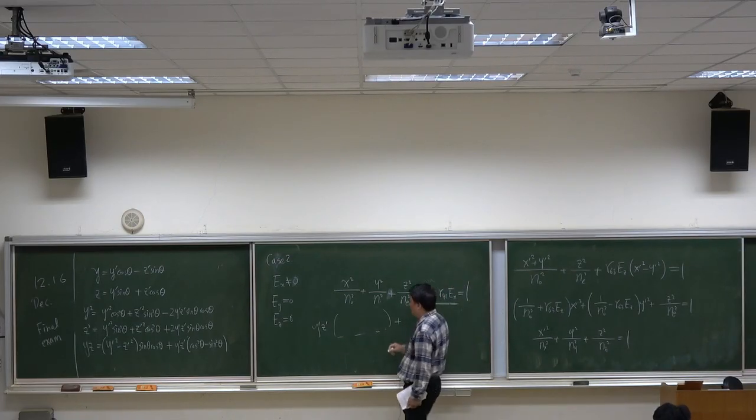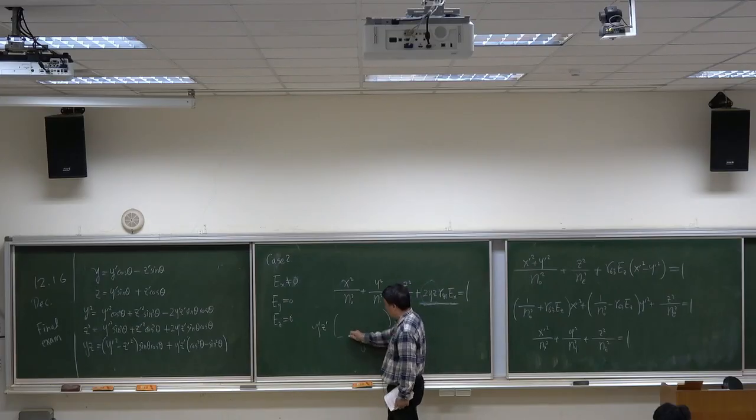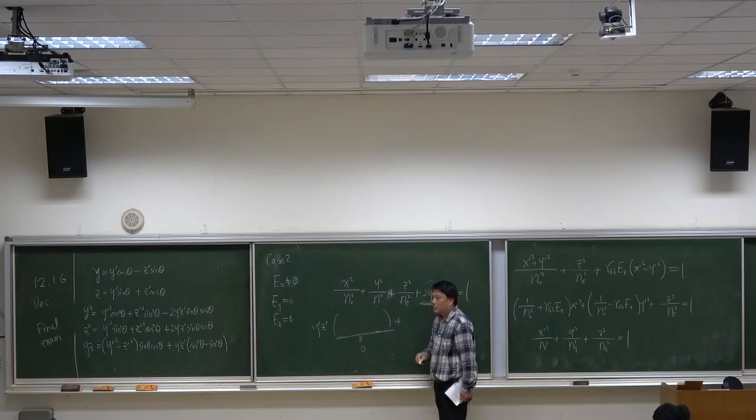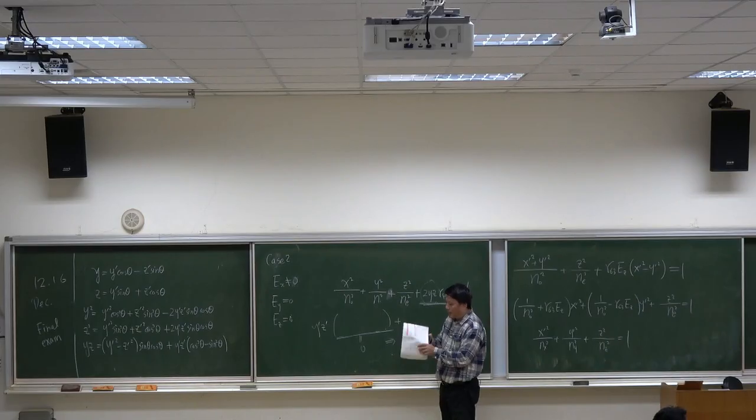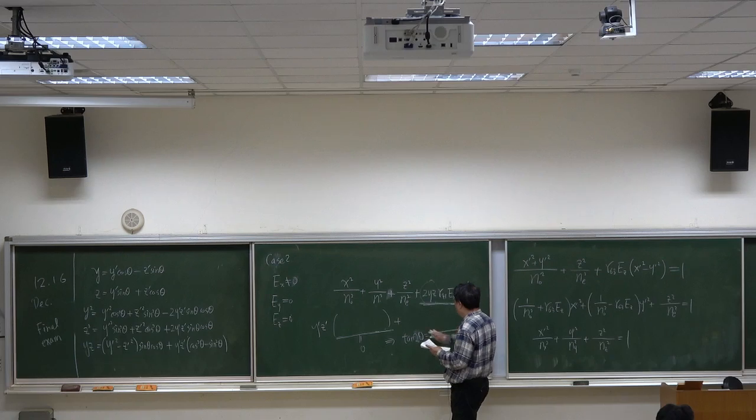So this means that we must choose theta so that the coefficient of y prime z prime equals 0. This will give us the result for the angle. The result is that tangent of 2 theta must be chosen so that it is equal to 2 r41 Ex over (1 over no squared minus 1 over ne squared).